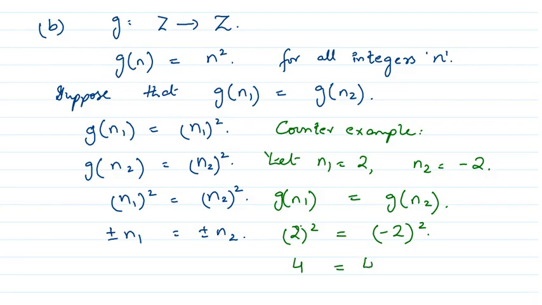Both are having the same value, but are we having the same values for n1 and n2? No, not at all. They are different. One is positive, the second one is negative. That is why we can't claim that g is an injective function.